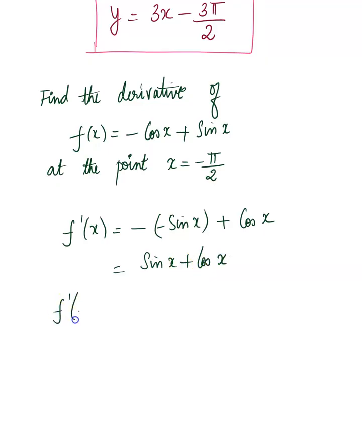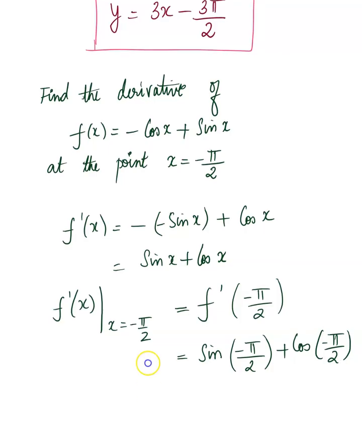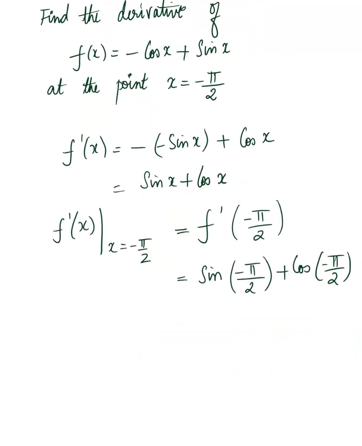And f prime of x at the given point x equals negative pi over 2 is the same as evaluating f prime at negative pi over 2. Therefore, you plug in the place of x negative pi over 2. We don't usually see negative angles, but that shouldn't be a problem.